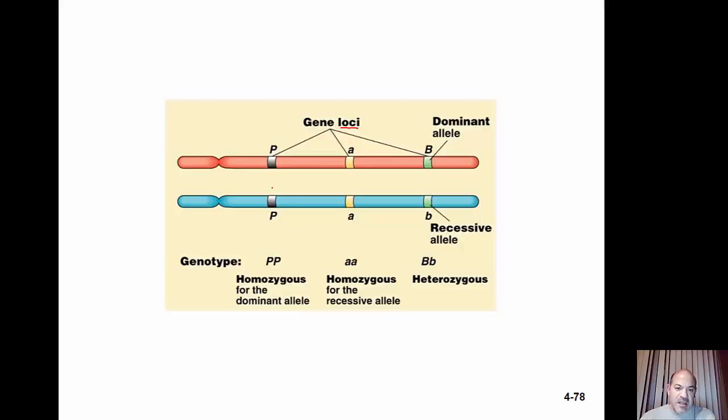But for gene P, this one seems to have inherited both capital letters, so we would say it's homozygous and it's dominant. This second gene, gene A, different location on the chromosome, is also homozygous. However, it's being symbolized with two small letters, so we're going to say that's recessive. And then an individual that has inherited one of each type of allele, we're going to call that heterozygous.